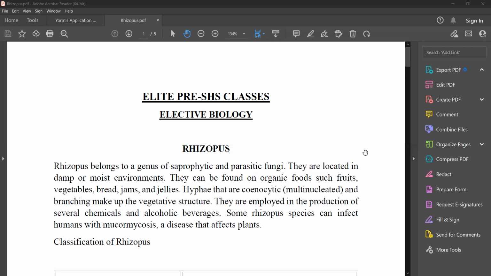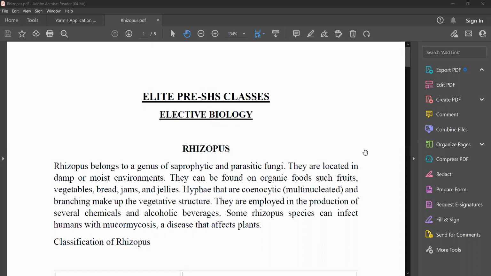So the Rhizopus belongs to a genus of saprophytic and parasitic fungi, and they are located in damp or moist environments. These can be found on organic foods such as fruits, vegetables, bread, etc. I've already said that. Now, looking at the body, we say it's coenocytic. What coenocytic means is multinucleated. So if you take one cell, you can have a lot of nuclei within one particular cell.